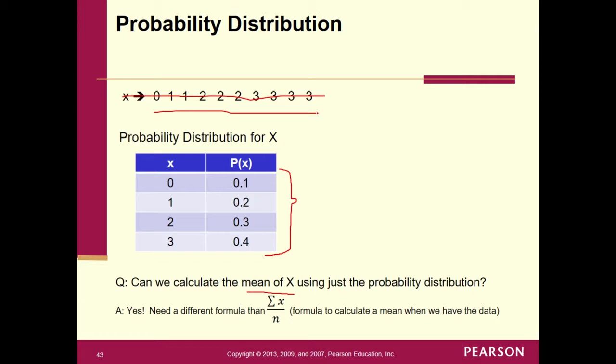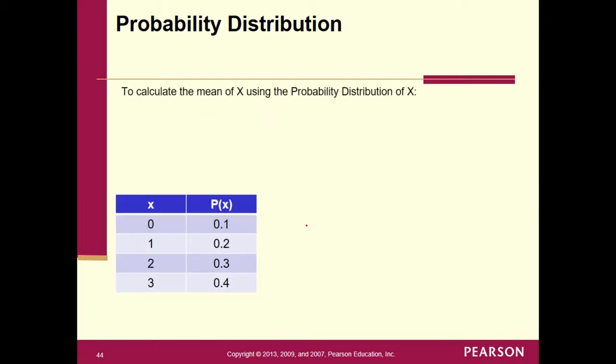So you're not going to always use the summation of x divided by n, and that will certainly not work here. This is only used if you have the data, like right here. That will not work here, so we're going to have to change it up.